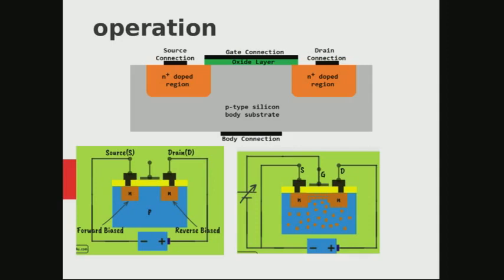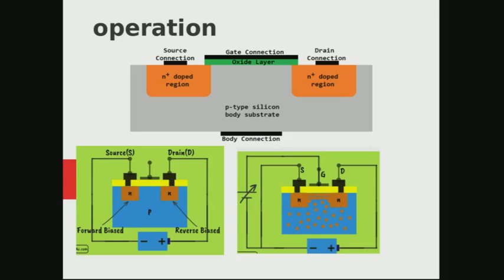The figure shows the physical construction of the MOSFET, and we can explain its operation using this diagram. In the first diagram, which shows the physical construction, there is a block of p-type semiconductor that forms the base for the MOSFET.